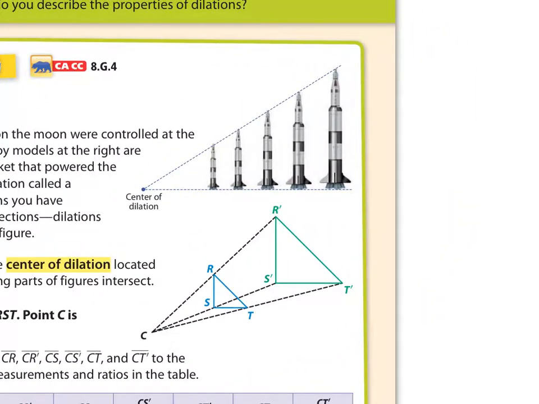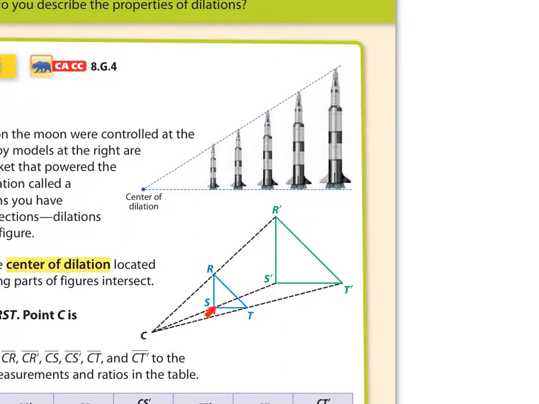The rocket picture is a good image for you to look at and try to understand this a little better. If I start with this blue triangle right here, we're making it bigger, and this is the image. So the blue one's the pre-image, and this is the image. Notice it's the same shape.